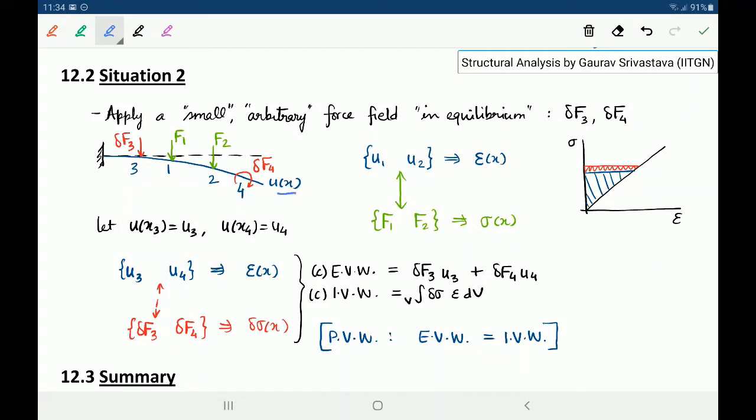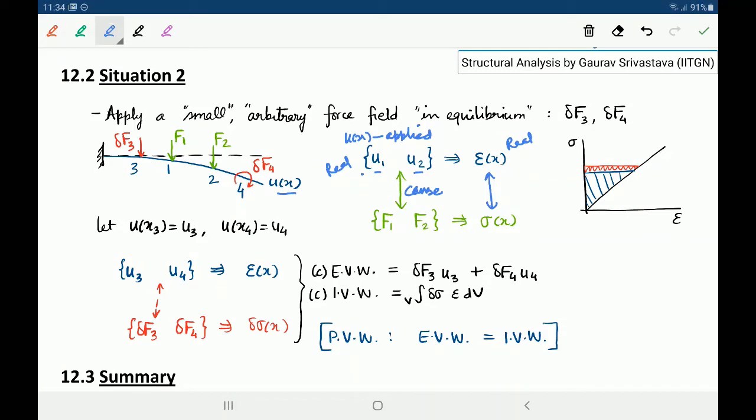For these two points, we can look at it in a reverse way: a field u of x was applied initially, giving u1, u2, and there is a cause and effect relation between this u1, u2 and the forces F1, F2, right? So these are the real displacements causing a real strain, and there is a cause and effect relation between the forces and displacement, and the strain and stress.